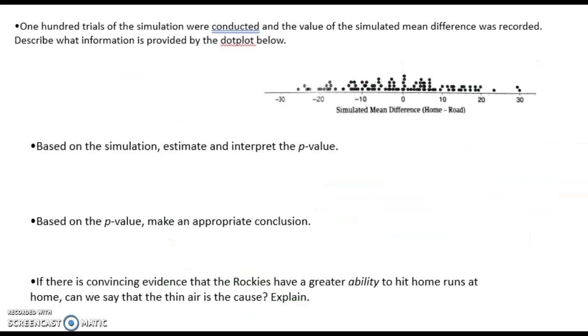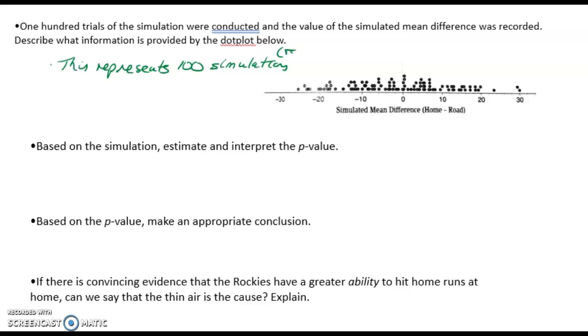100 trials of the simulation were conducted and the value of the simulated mean differences was recorded. So describe the information provided. You can definitely say something like this dot plot represents 100 simulations.